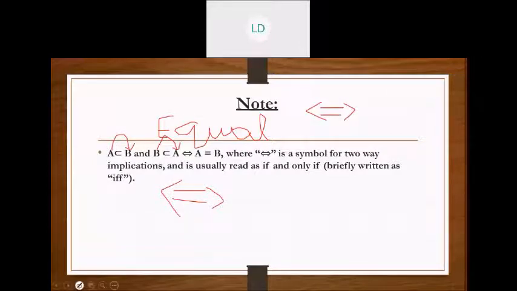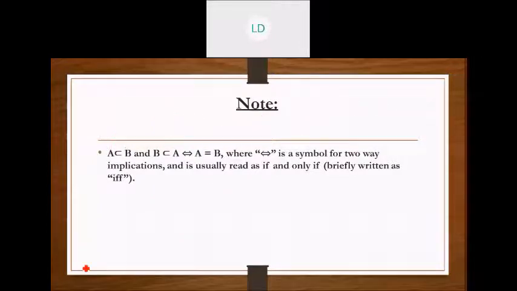So here I hope you can understand the implication. So here what it means? Here it means if A is a subset of B, meaning all the elements of A are there in B, and B is a subset of A, meaning all the elements of B are there in A, then they are equal. Then both sets are equal, A equal to B. The reverse condition is also true.